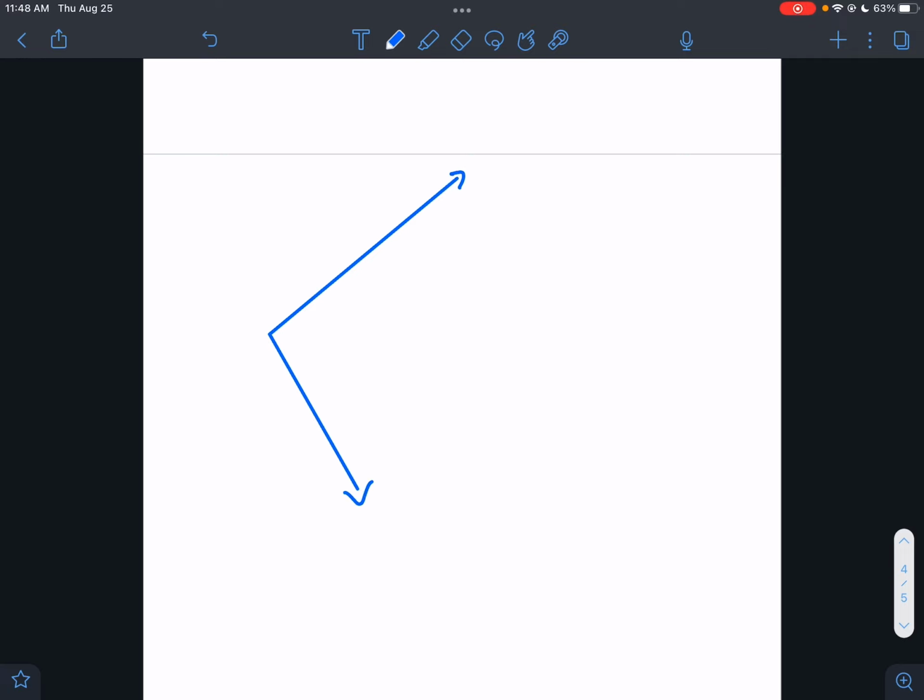So let's say we have an angle here, and we have another ray, and let's say that this is ray AB. So ray AB is a bisector. Okay.